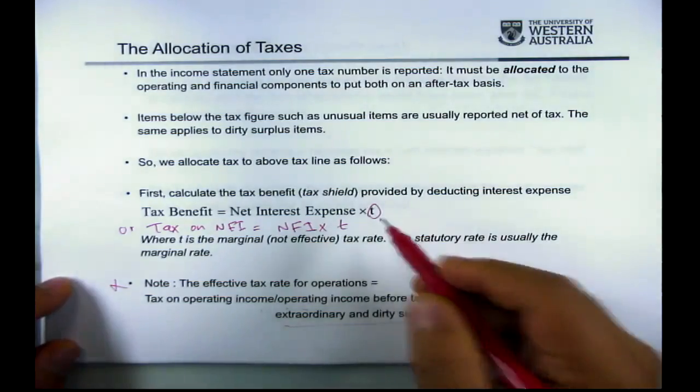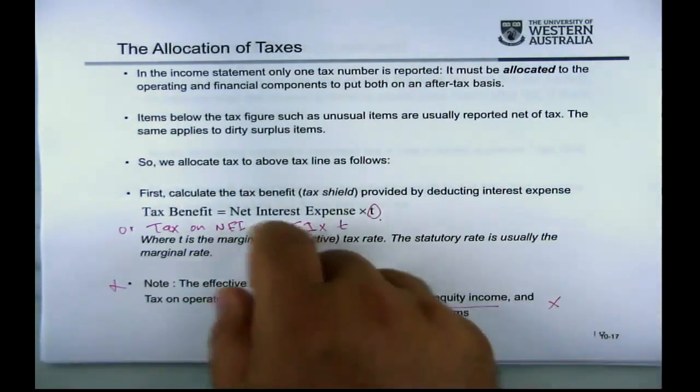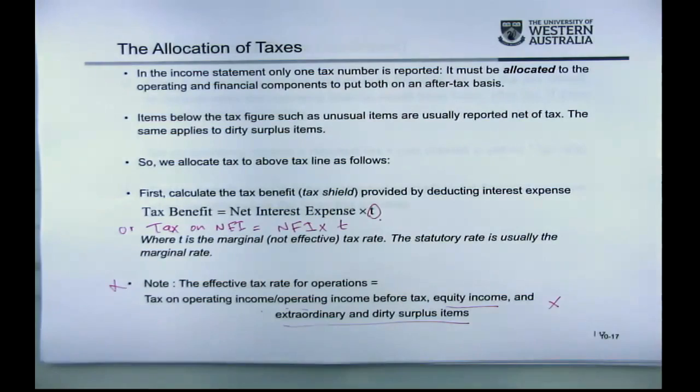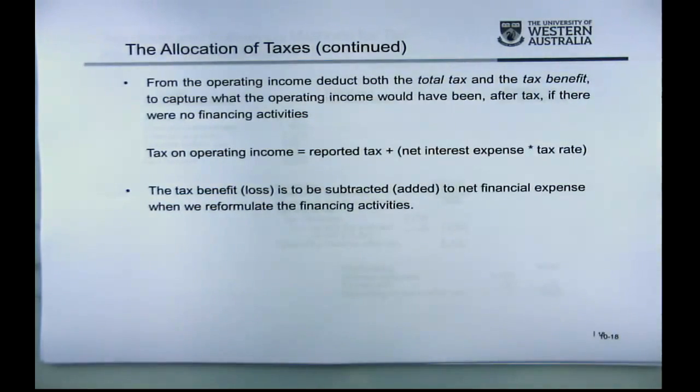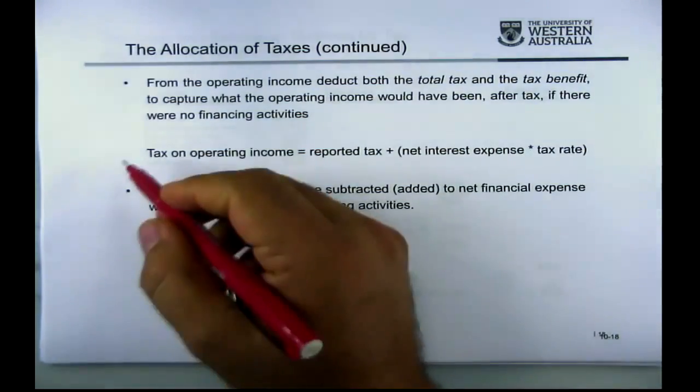Just take the government tax rate and use it to calculate the tax benefit on expense or the tax on income. The next step is to calculate the tax on operating income.